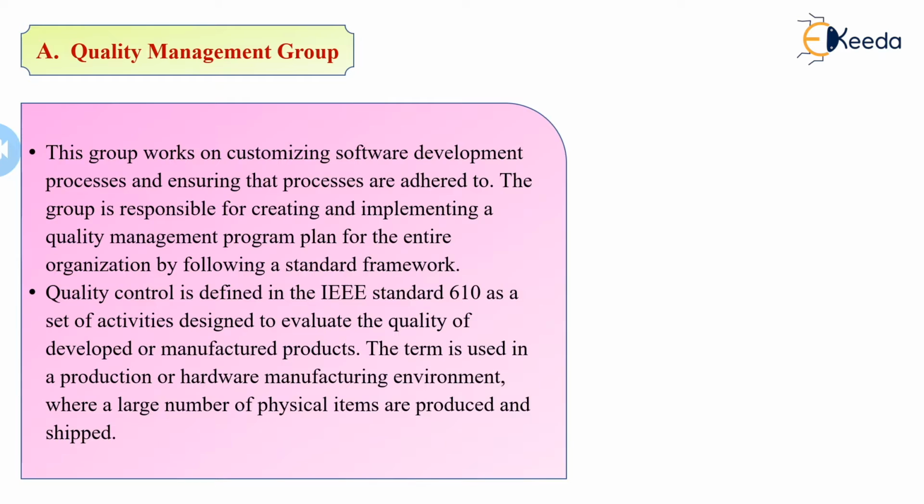That means the entire SQA plan, the factors, the criteria, the characteristics, the entire SQA plan and SQA execution process is defined. According to IEEE, the quality control standard 610 is implied as a set of activities. So what are the set of activities, like from planning to execution, the results, analyze, measure, define, and so on. The term is used in a production or hardware manufacturing environment.